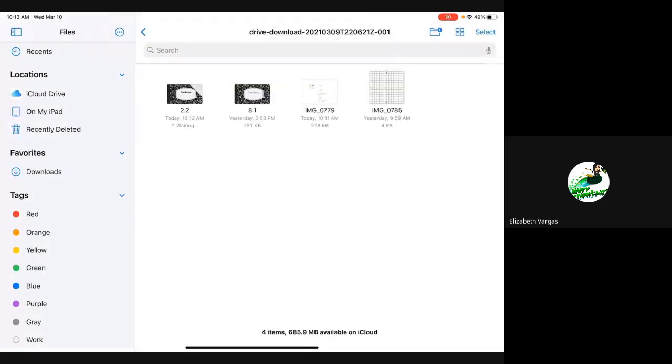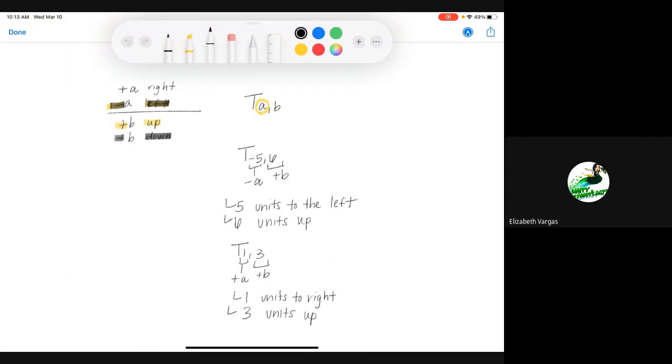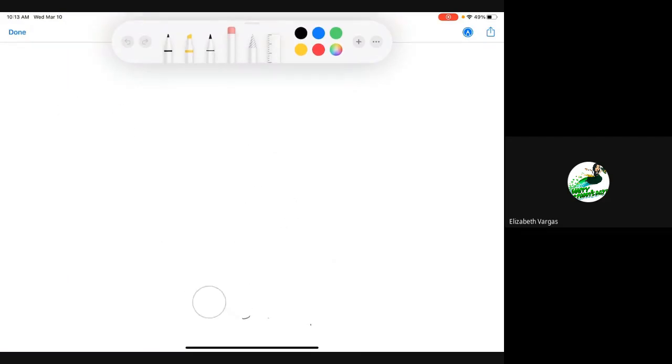So basically, let me erase this. I have my mapping rule, which tells me whatever is added to or subtracted from x, and whatever is added to or subtracted from y.